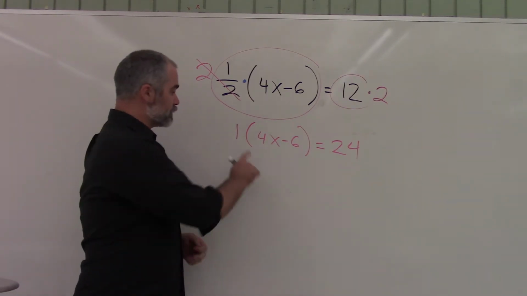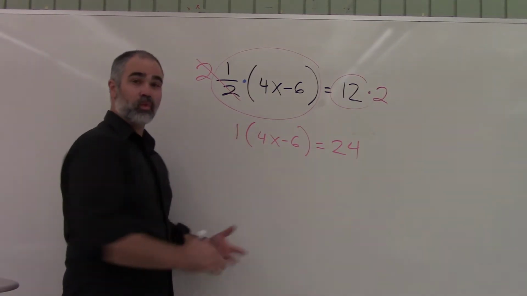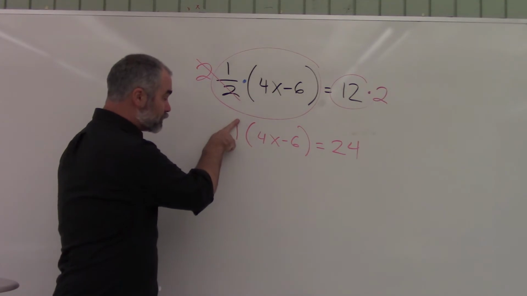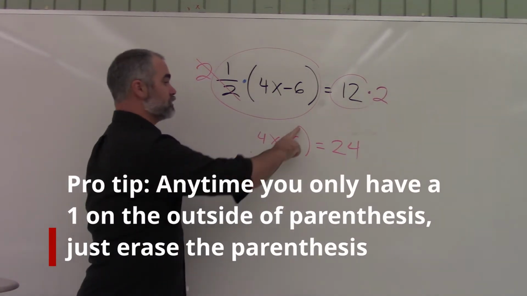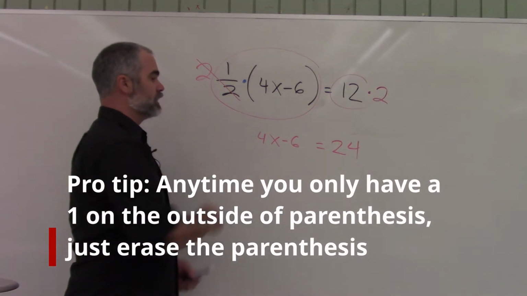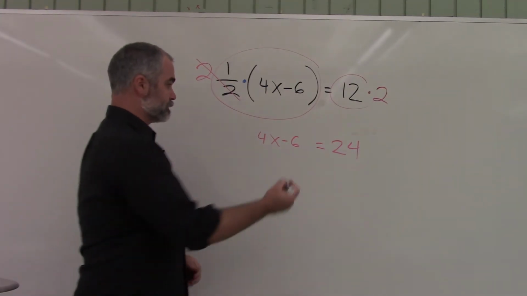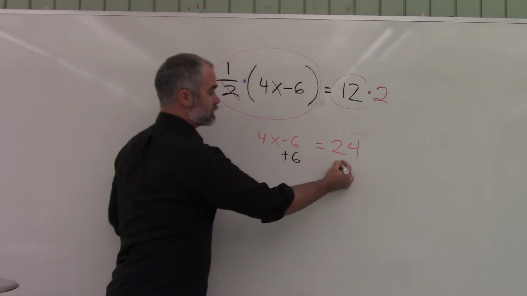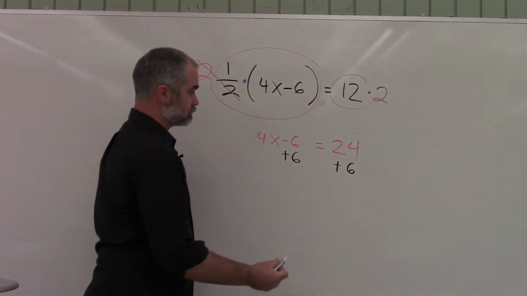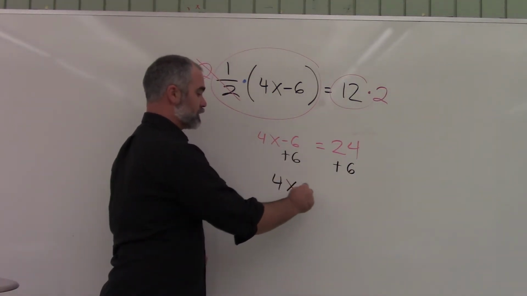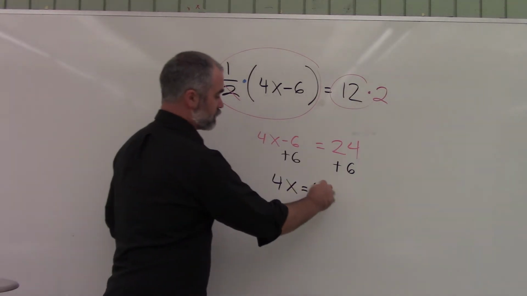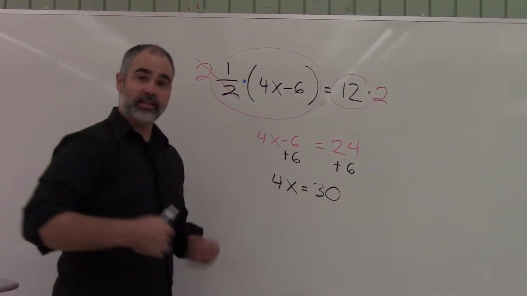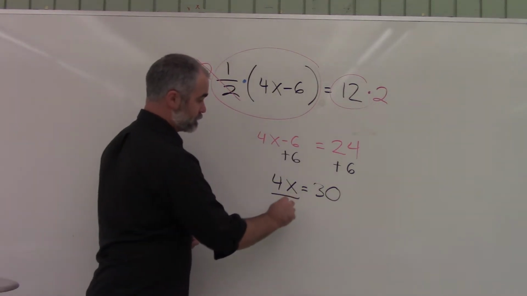Now, if this was some other number on the top, you could still distribute it in, but it's a 1, so I actually don't even need to multiply anything. The parentheses aren't doing anything, so I'm going to get rid of them, and now I'm going to solve like normal. What am I going to do? I'm going to add 6 to both sides, and I've got a 4x equals 30. And then divide by 4.